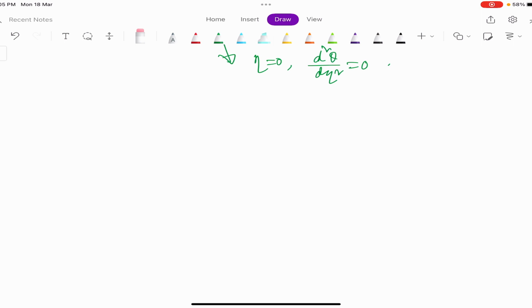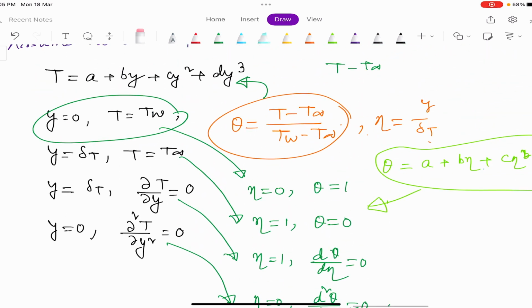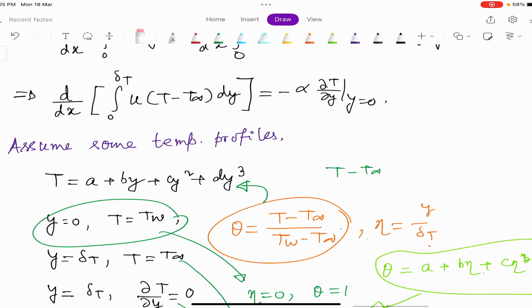Now for delta less than delta t. So now you have to put this T into the theta. Now you can see that if you want to bring theta here, then you just divide this and multiply this, as both T wall and T infinity are constant with respect to y.